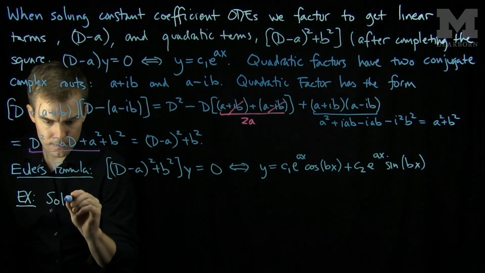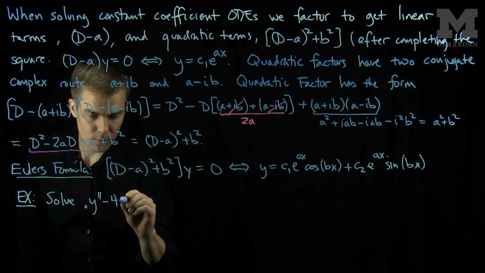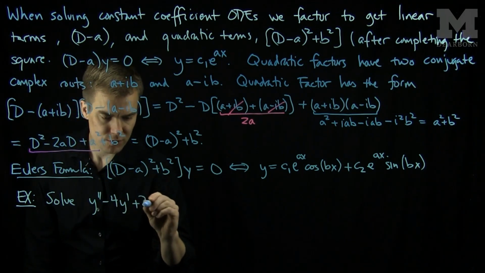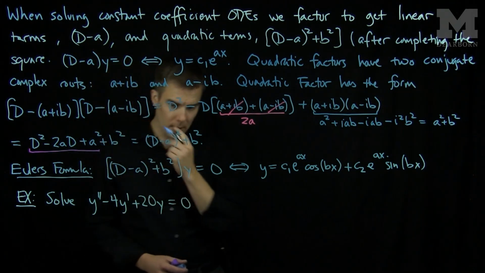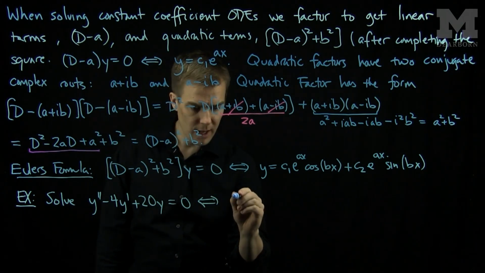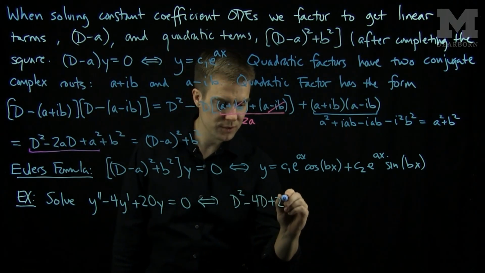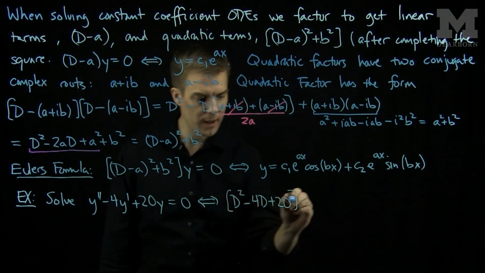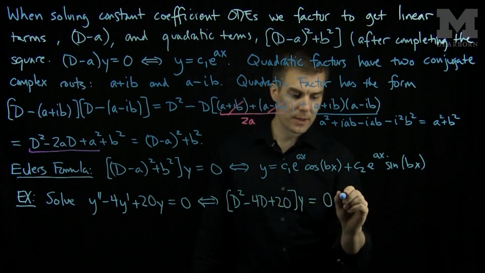Let's solve y double prime minus 4y prime plus 20y equals 0. I will write this with our differential operator notation as d squared minus 4d plus 20 applied to y equals 0. And I'll complete the square on the inside.